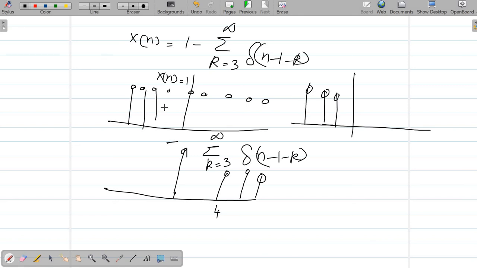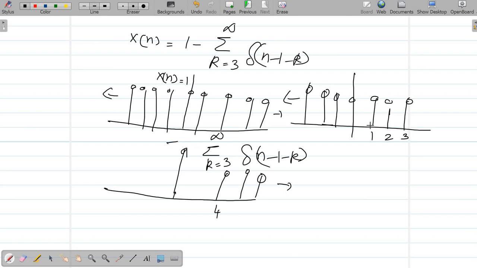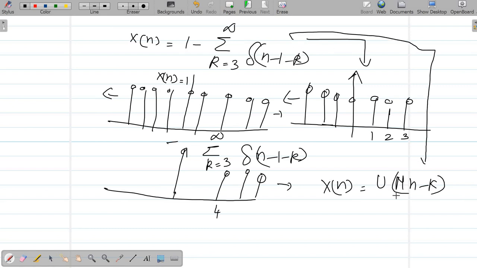So let us say we have a sequence, and it extends in both directions, and this extends only in one direction. So if this extends in this direction, finally you have 3. We want to express x of n as u of m n minus k. That is, this signal I want to express in this form.